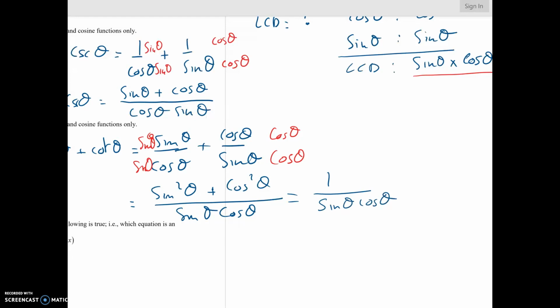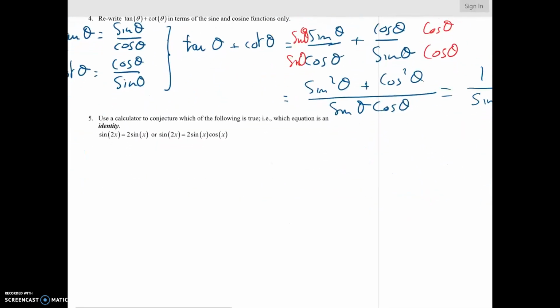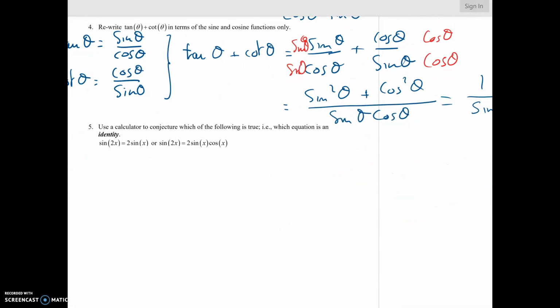Now use a calculator to conjecture which of the following is true, which equation is an identity. Okay, so that's super easy. We are going to graph both sides of the equation. So first, graph on the same graph sine 2x and 2 sine x.